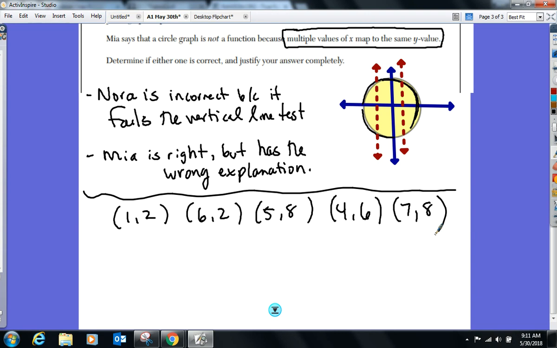These set of points I've given you, will it be a function? Why? Because no repeating x values. Correct. This is what she's saying here. Because y values repeat, it's not a function. That's baloney. It's a function if no x values repeat. It doesn't matter about the y values. All right. If no x values repeat, it's a function.